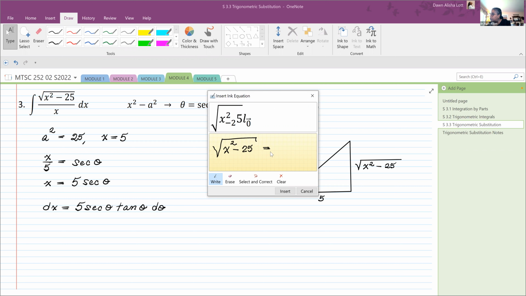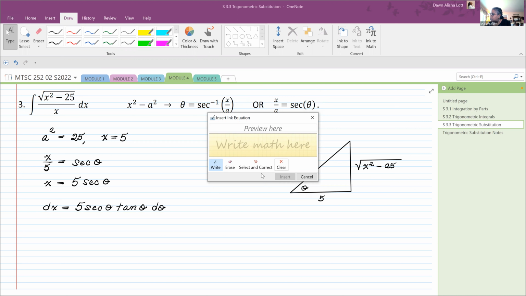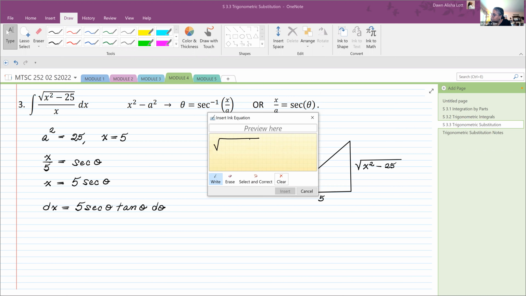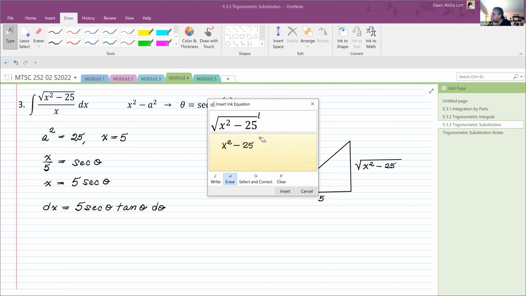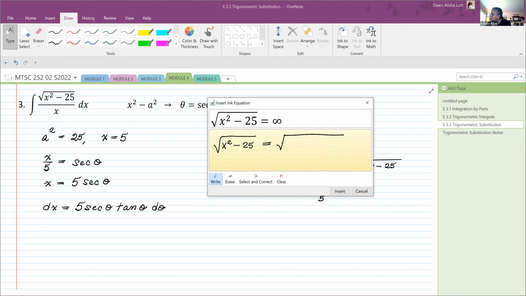is equal to, oh, that looks nothing like what I'm trying to write. Okay, that looks better. It is equal to the square root, and inside the square root, x squared.